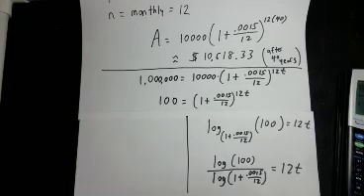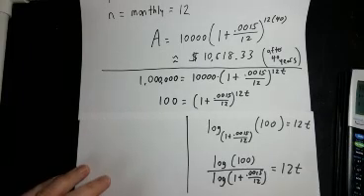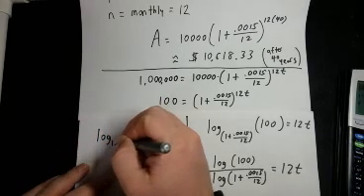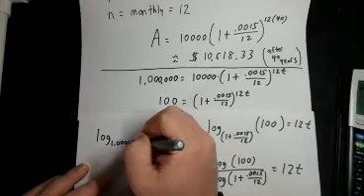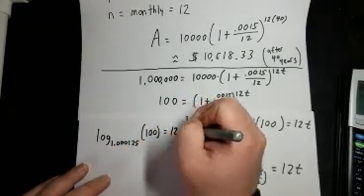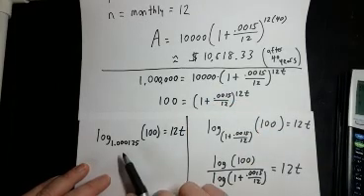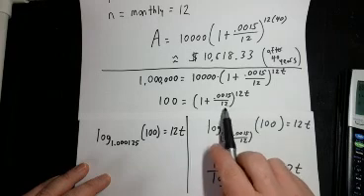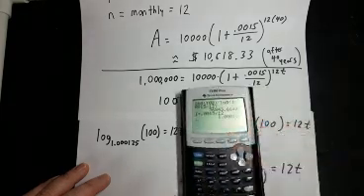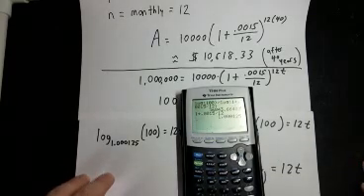If you did that, you would get the following decimal, which converted to log would look something like this. See, that decimal, 1.000125, is equal to this inside of the parentheses right here. In fact, I'll show you that right there.